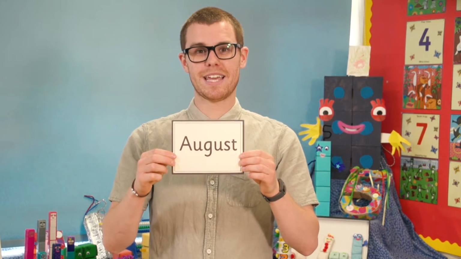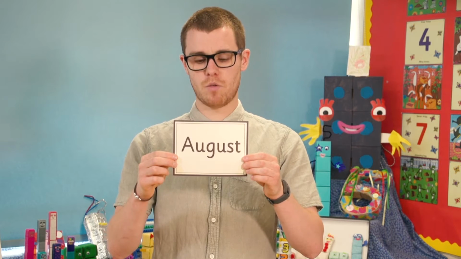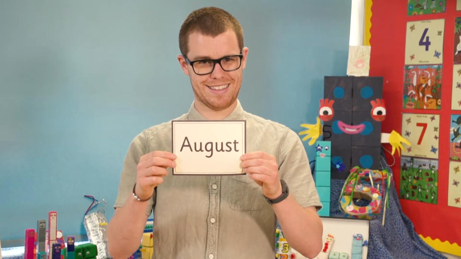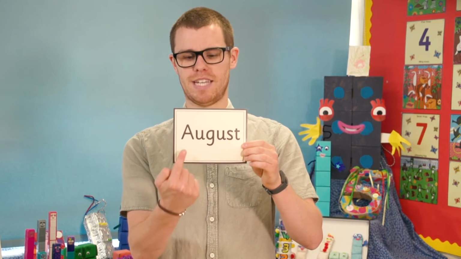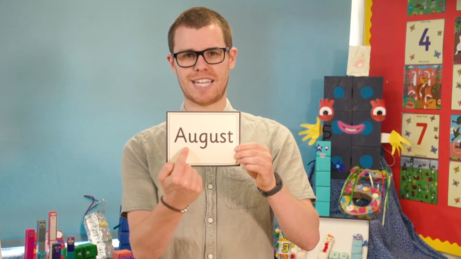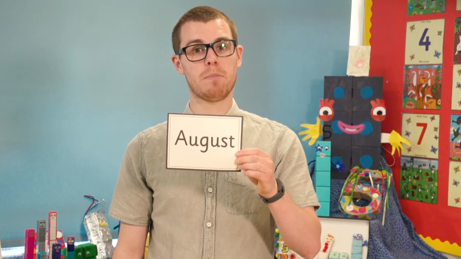Here's the next word. Can you spot the grapheme that makes the sound or in this word? Yes, here it is at the start. This digraph says or. Now read each sound and blend as I point.